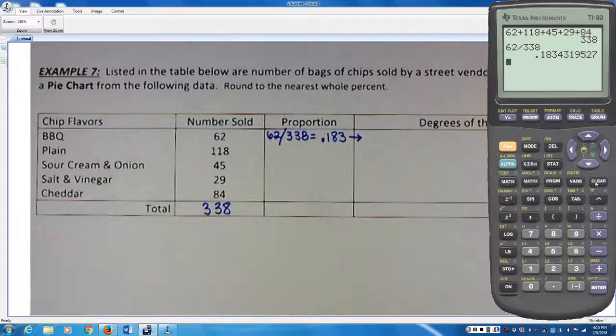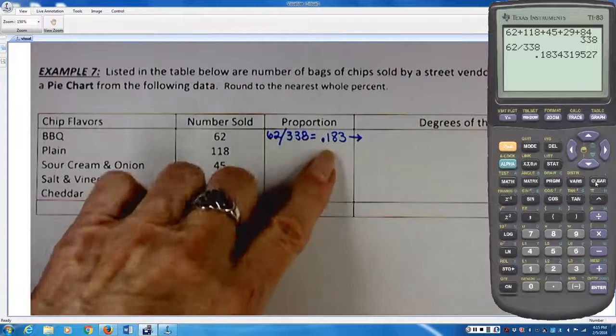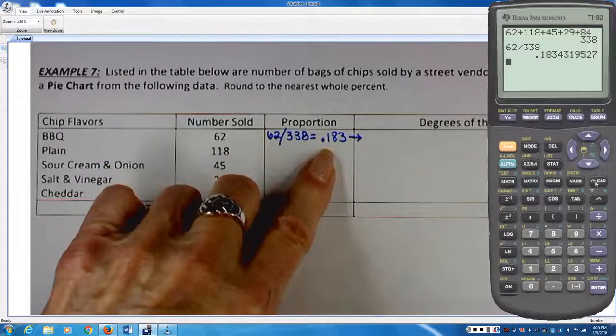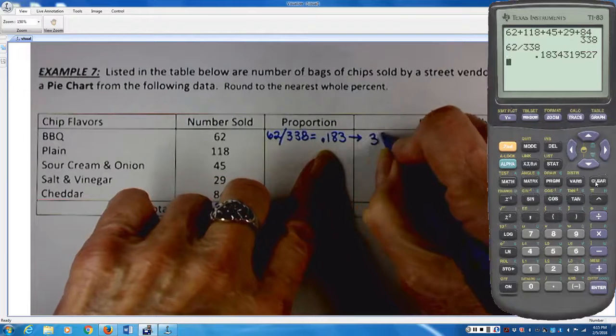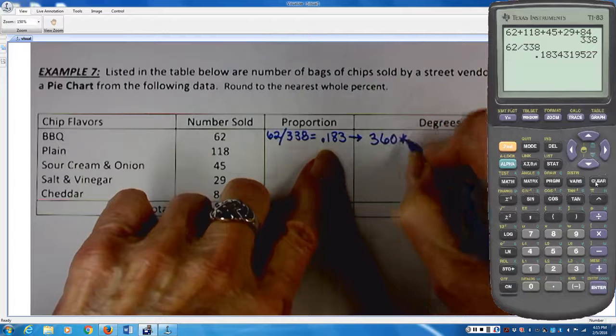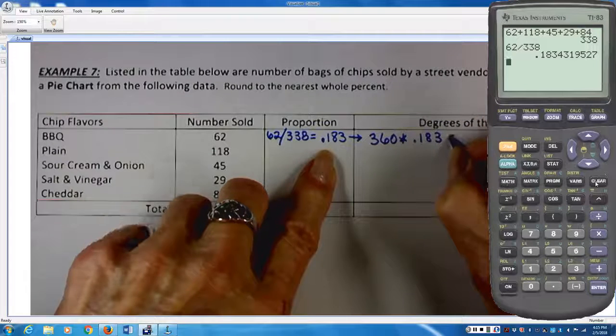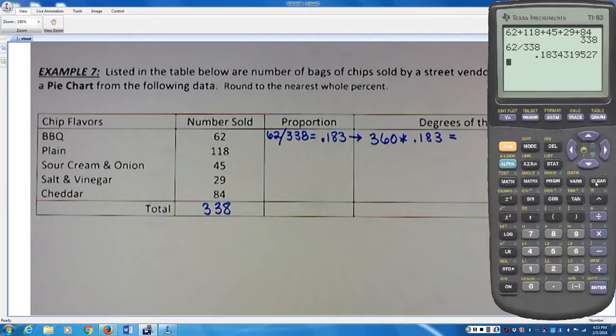Now I'm actually going to keep all those decimals, but I just rounded it off with the proportion. There are 360 degrees in the circle. So I'm going to multiply 360 times that decimal. And I got 66, and I'm going to round it off to whole degrees. So I got 66 degrees.